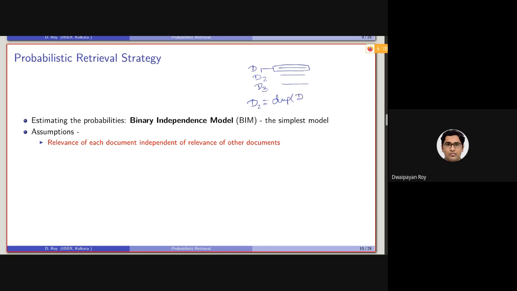Although from a topical point of view D2 is as relevant as D1, considering the ranked nature, as a user we will first read D1, then the second document, and on reading the second document we already have all the knowledge present in it, which we have consumed from D1. So the relevance of each document actually depends on the other documents, but in the binary independence model it is assumed that they are independent.